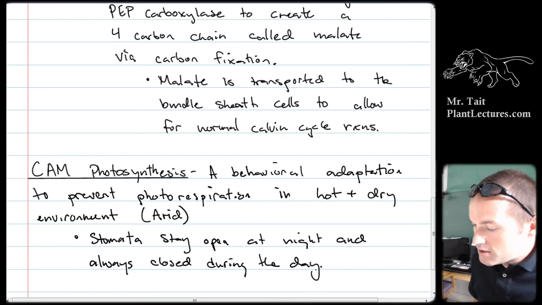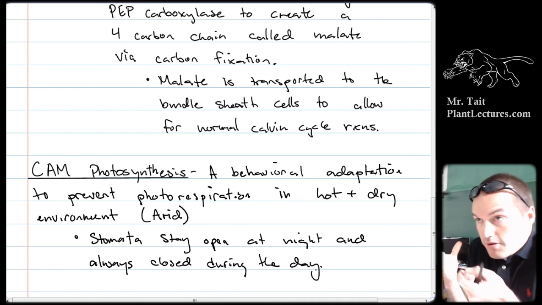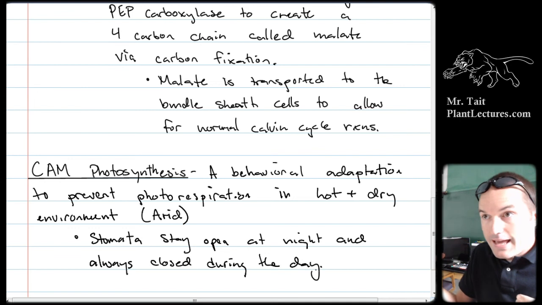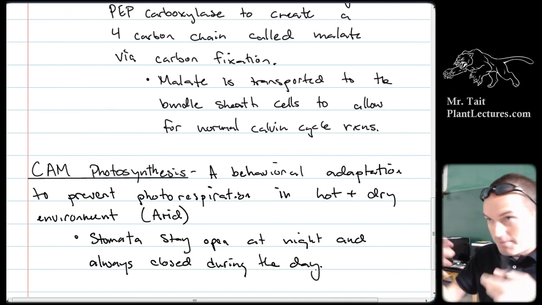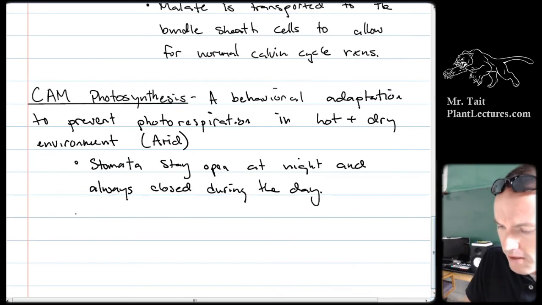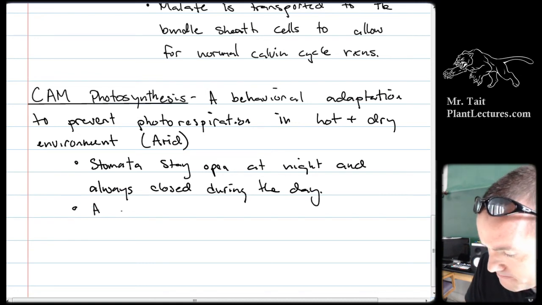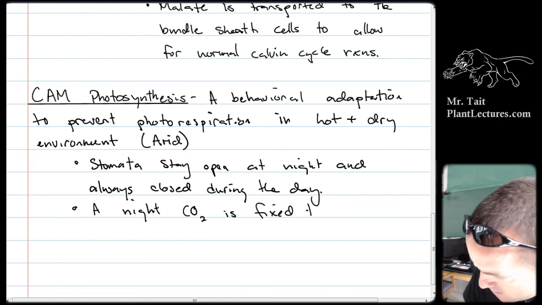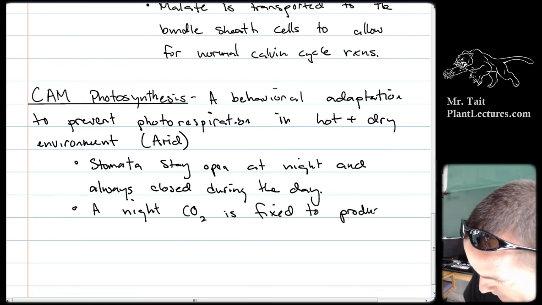And so their adaptation is that they open their stomata at night and they allow all this CO2 in, and they keep making a storage molecule for the CO2. The storage molecule is called malic acid. Okay, so at night, CO2 is fixed to produce malic acid.